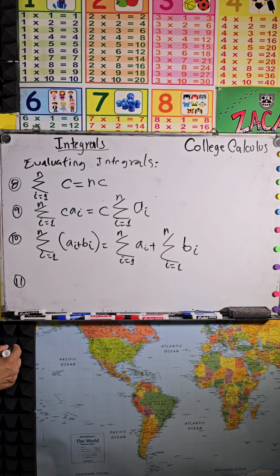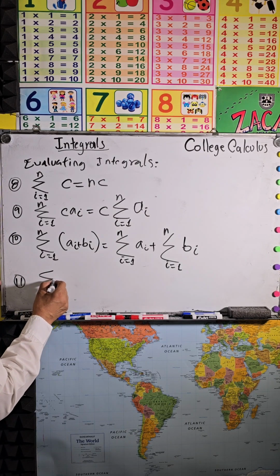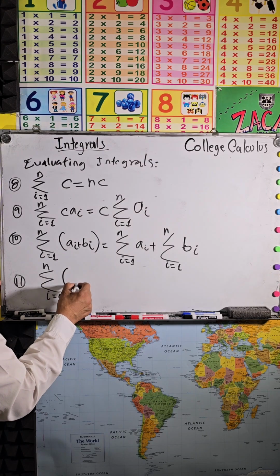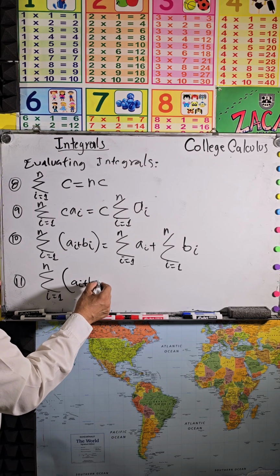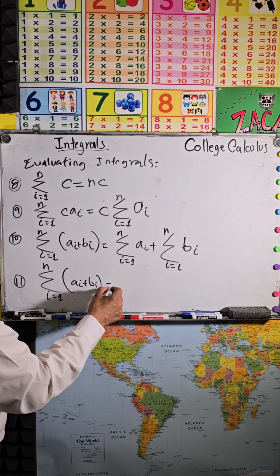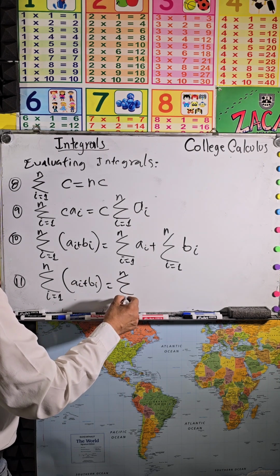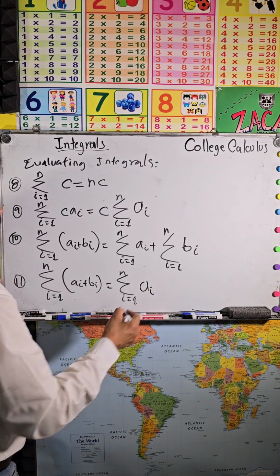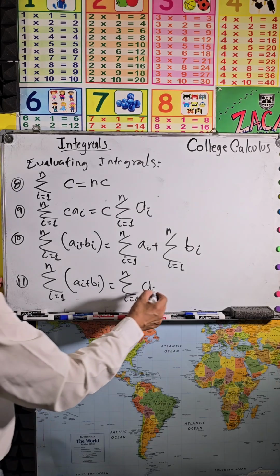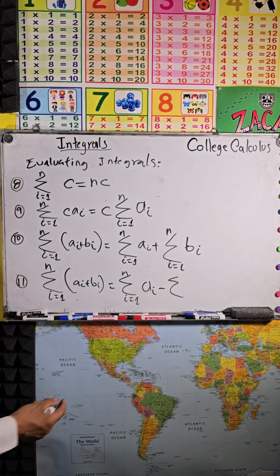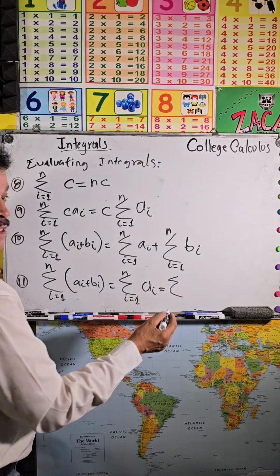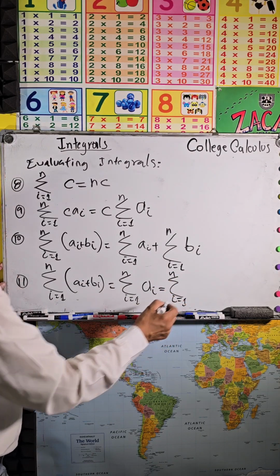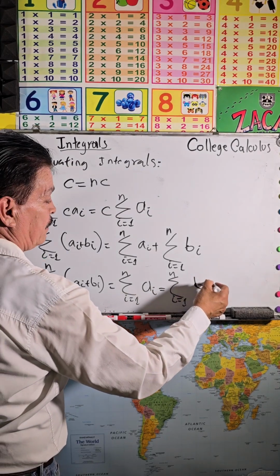Number 11, let's write the number 11: sigma again, i equals 1 to n, of a i minus b i, equals sigma, i equals 1 to n, of a i, minus sigma, i equals 1 to n, of b i.